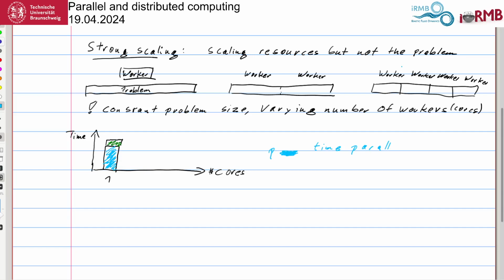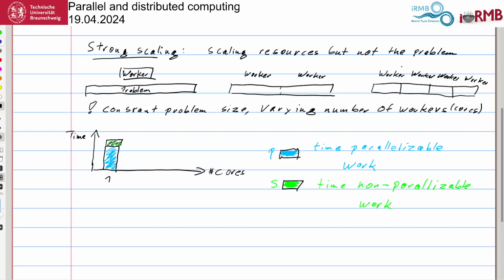So it's the time used for parallelizable code, and then we have the green one, which is the time of non-parallelizable code, or rather, work.